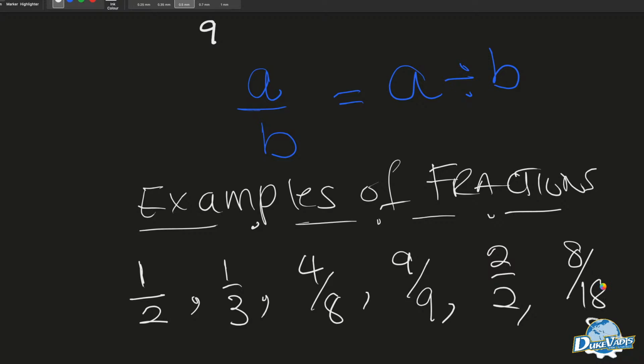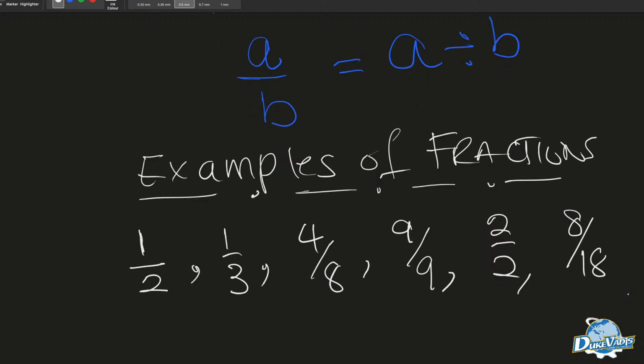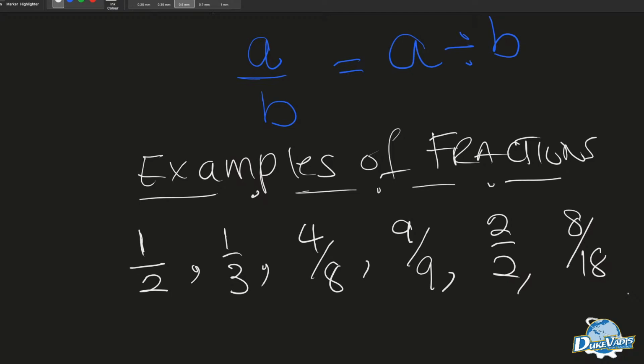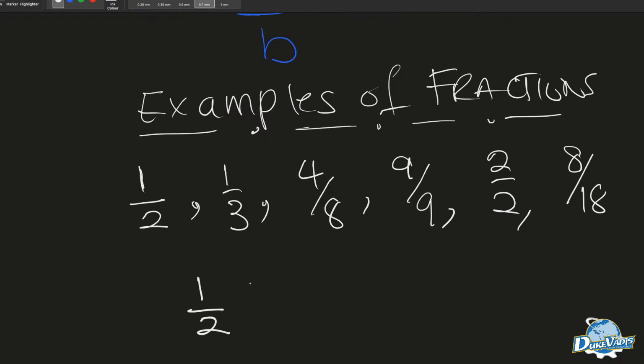These are common fractions that you will come across in our daily activities when we are working with mathematics. If we take a half, for instance, which is 1 over 2, the numbers, as we saw earlier, have their own definitions.